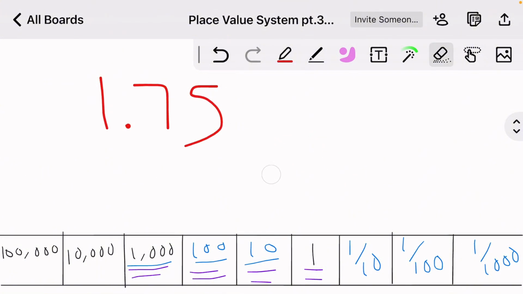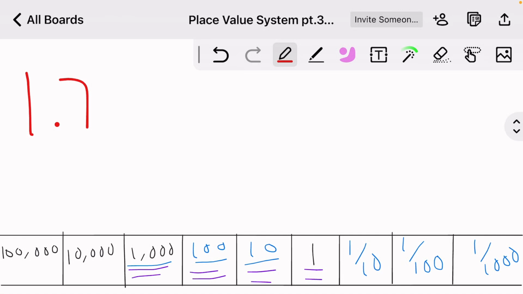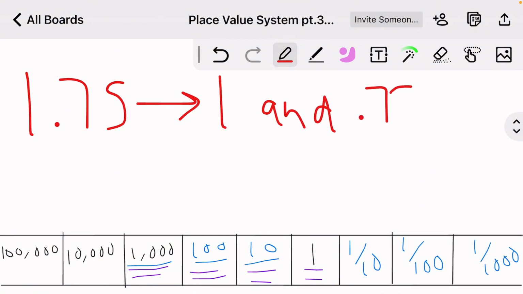And a decimal point is basically a plus sign. It doesn't mean 0. It doesn't mean 1. It means "and." So, for example, 1.75 means we got 1 and 75 over 100.